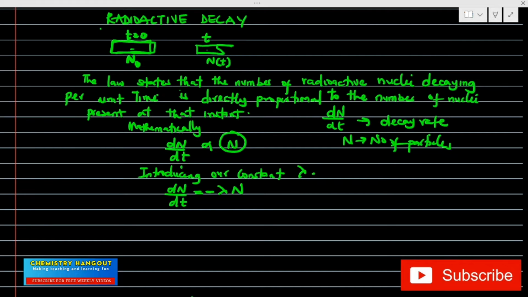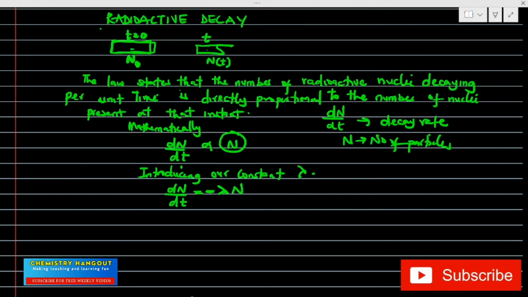If the minus is not here, N is still positive, it means that as N is decaying, N is still getting bigger, which is wrong. So the reason I add my minus here is to tell me that as N is decaying, it is getting smaller, it is reducing. That's why I put my minus, while this lambda is just like my normal constant. I want to believe this is clear.